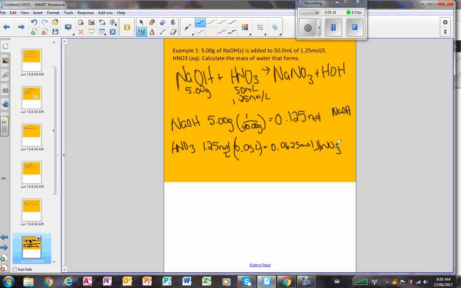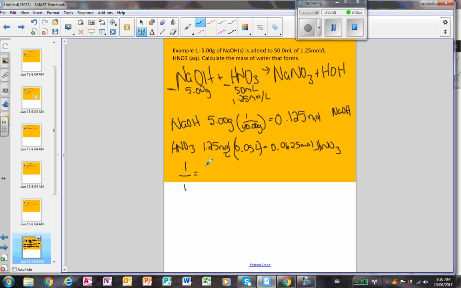okay, so we've calculated out the moles for both of the reactants. The next thing that we need to look at is the relationship between the reactants. And so arbitrarily, I just work from left to right. So there's 1 mole of sodium hydroxide in the reaction, and there's 1 mole of nitric acid.